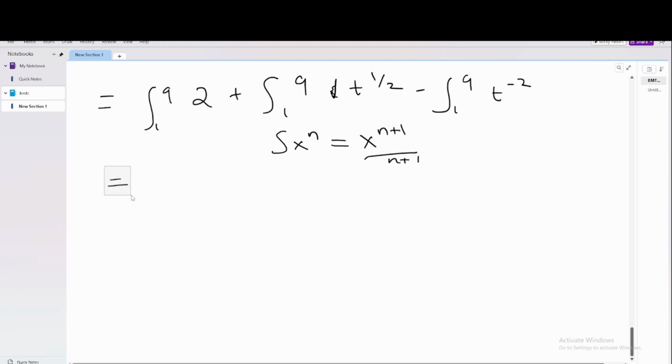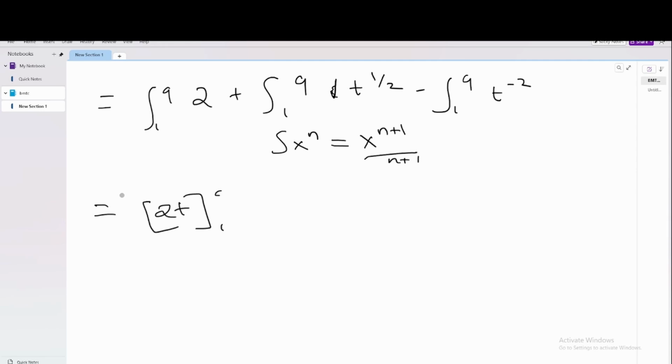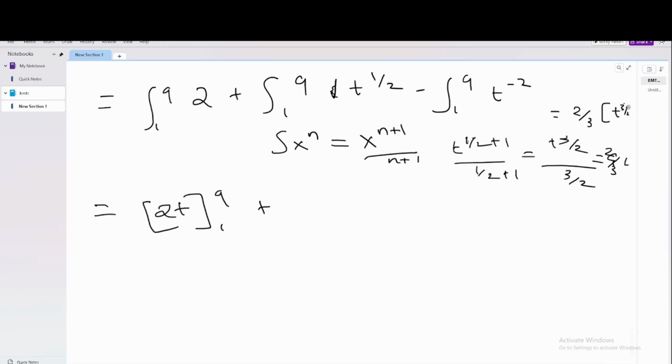So integral 2 is equal to 2t from 1 to 9 plus integral of t raised to 1 by 2 plus 1 is equal to t raised to 3 by 2 by 3 by 2, which is equal to 2 by 3 into t raised to 3 by 2.